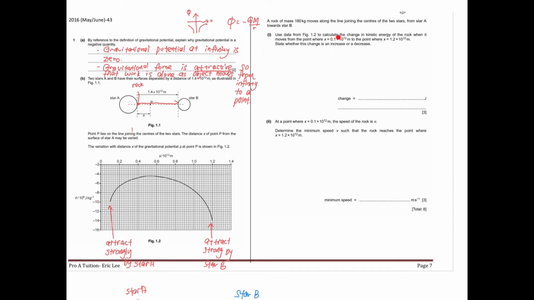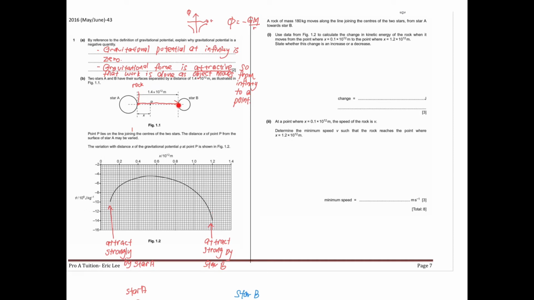When these two values are given, that means you have to calculate the change in kinetic energy from here to here. You have to know that this is the surface of star A, and at this point the rock reaches the surface of star B. So star A to star B, that means here to here.